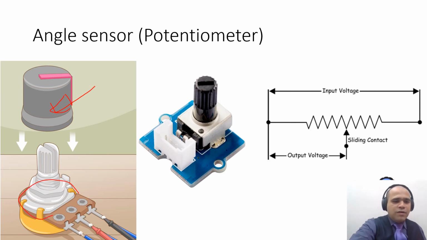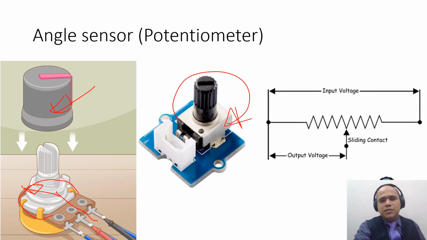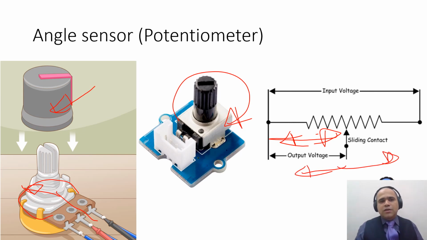There is a wiper that connects that plate at different locations and comes from the middle terminal. So when you rotate this knob, the resistance changes. It might decrease or increase depending upon the angle of rotation, and that's how the angle can be measured. Now you can imagine this is limited by space, and that's why it can measure only up to 360 degrees or less than that.